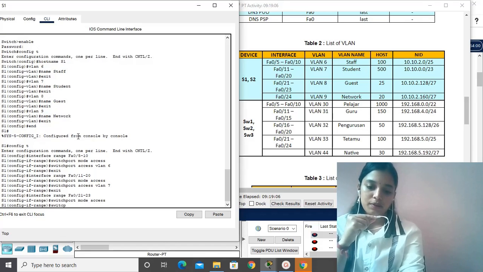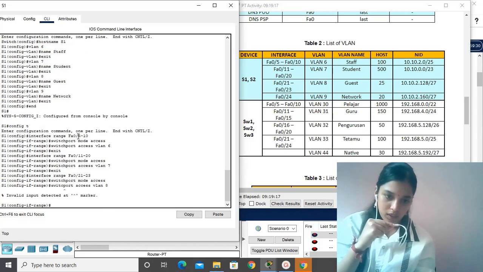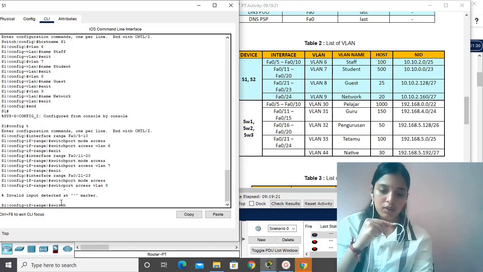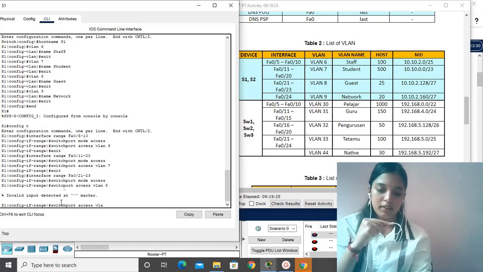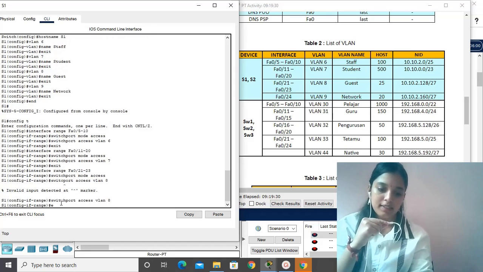Switch port access VLAN 8. Okay, there is something wrong, so must type correctly. Switch port access VLAN 8. Exit.